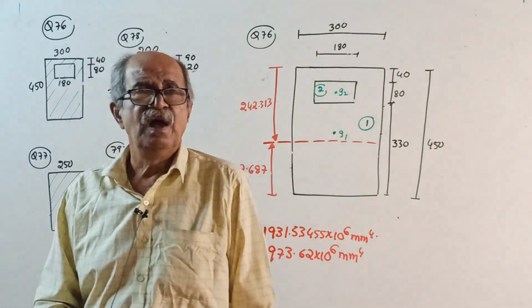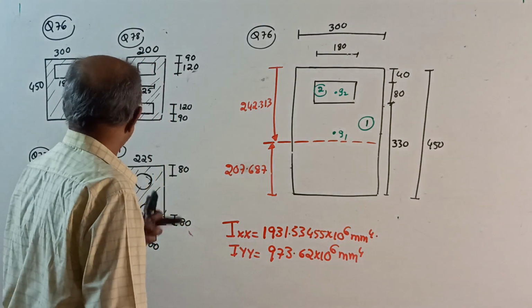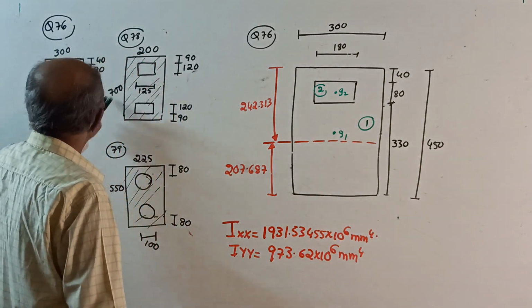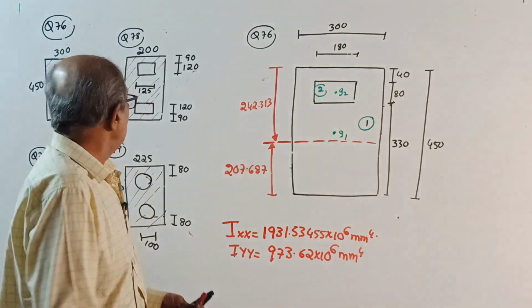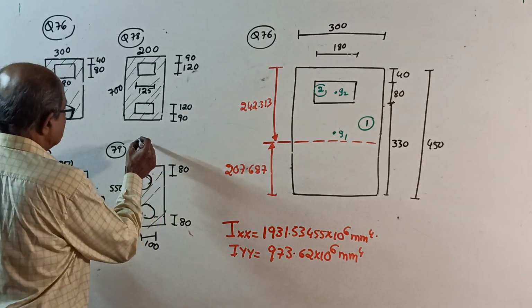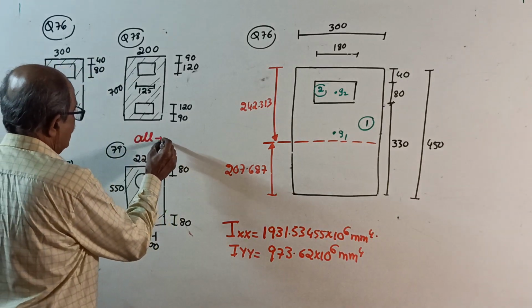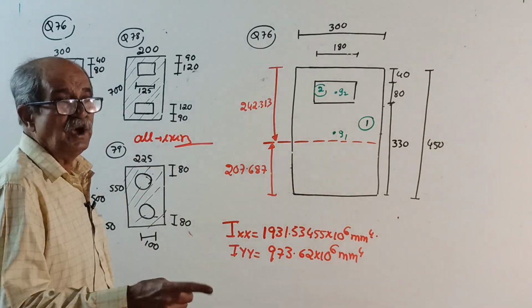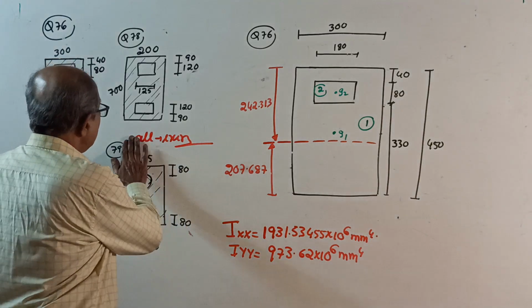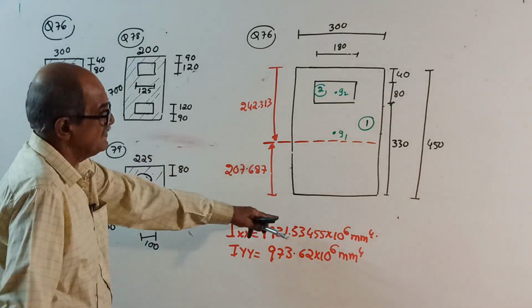See, now I decided 4 more questions: 76, 77, 78, 79. Remember, all these are exercises for you. You have to solve. I will not tell anything much. See, I already wrote the answer there.